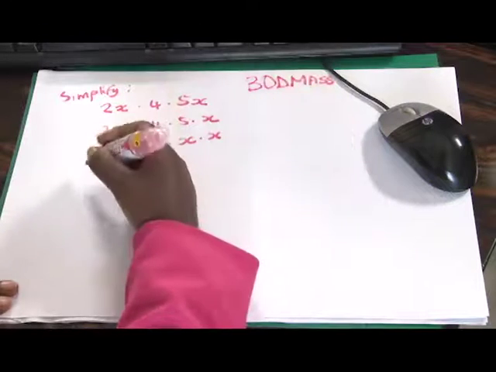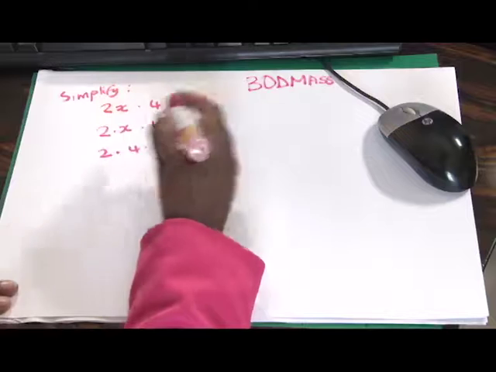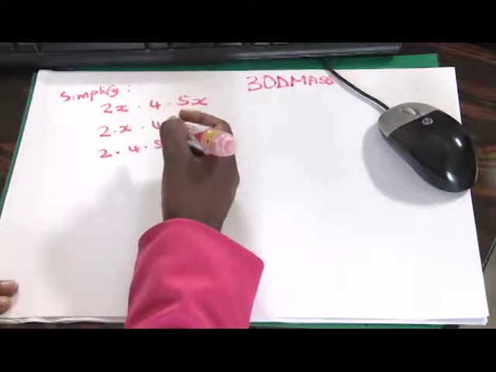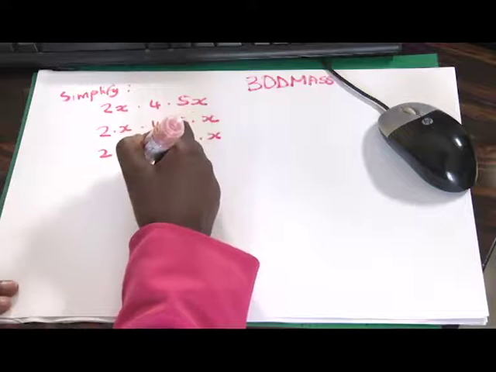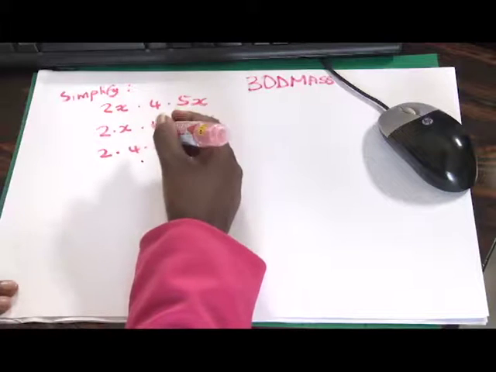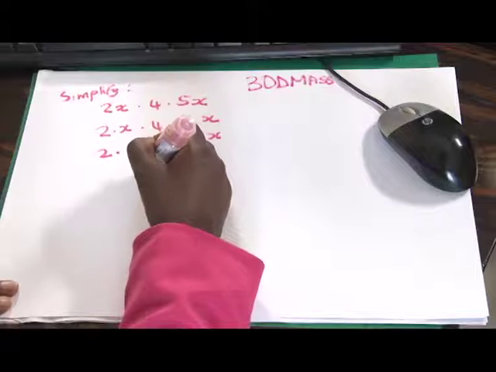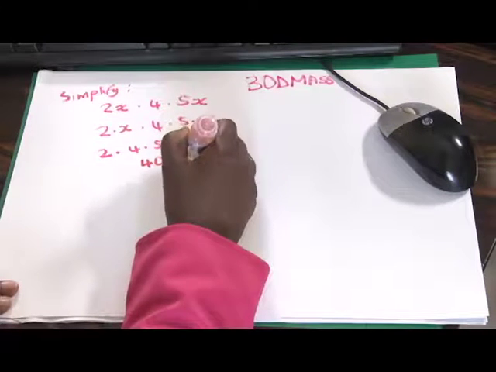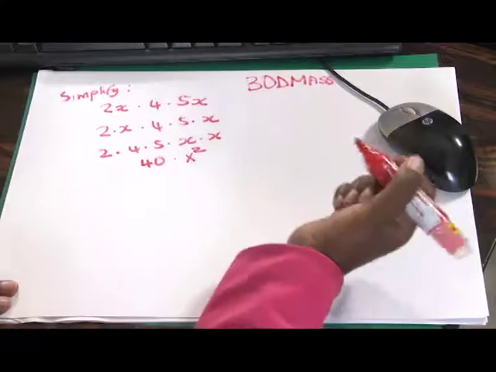So we multiply. 2 times 4 is 8. 8 times 5 is 40. Then x times x is x squared.